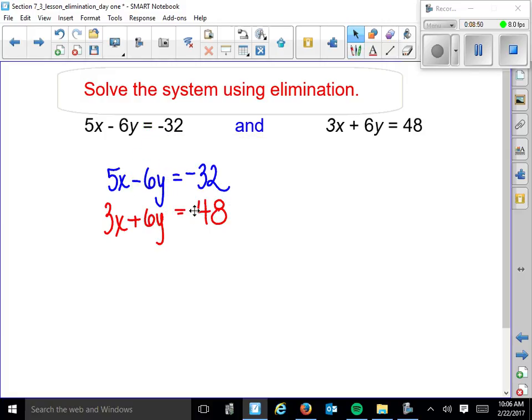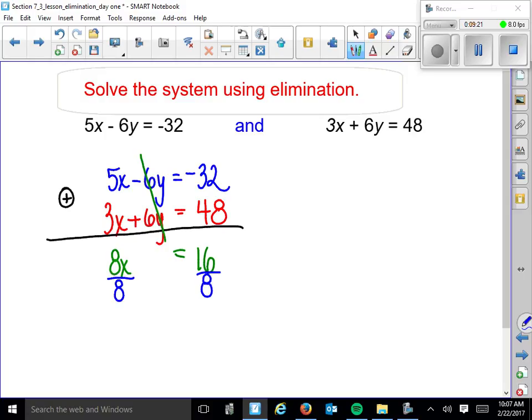So on this problem, we can go ahead and start the process of adding the two equations together, because we can already see that we will be eliminating the y's. 5x plus 3x is equal to 8x, and negative 32 plus 48 is the same as 48 minus 32, so that difference is 16. We need to divide each side by 8, and that leaves us with x equals 2.